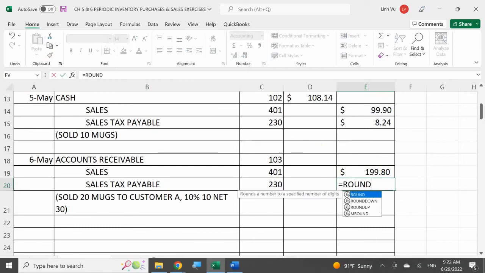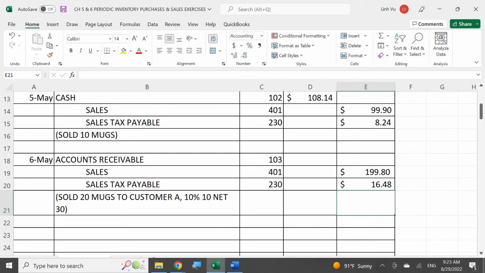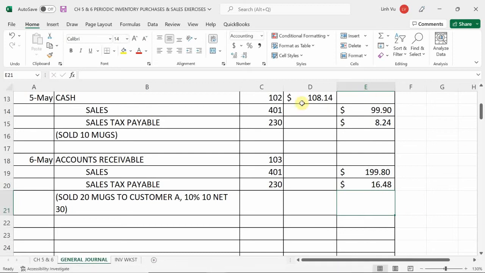So how much sales tax am I going to collect from my customer? And what was the sales tax? 8.25%. $16.4835.